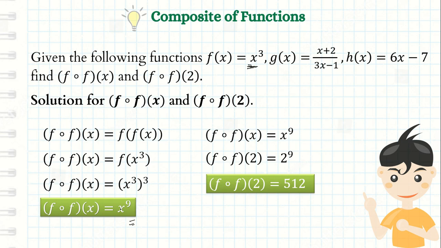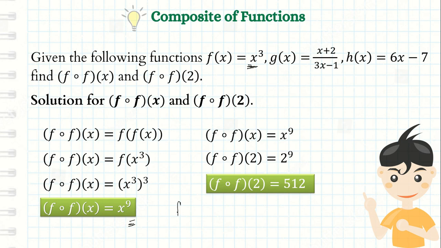Like I always tell you, children, there's another way to solve this, which is the easiest one. When there is already a value for x, we no longer need to find f of f of x. We go straight to f of f of 2 by substituting the 2 directly into the given.